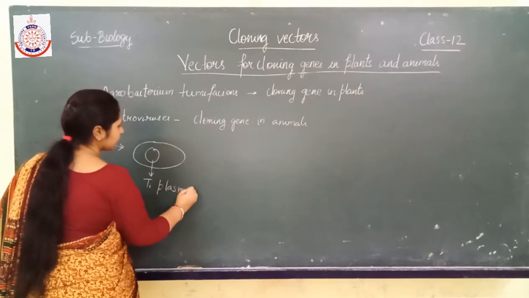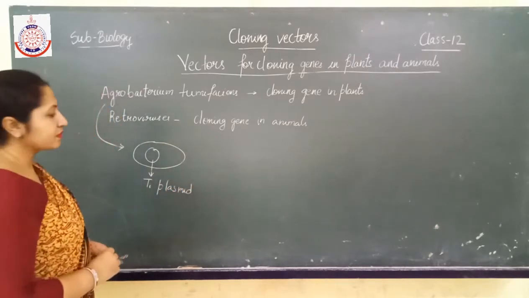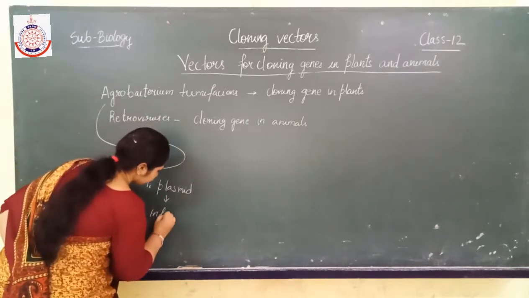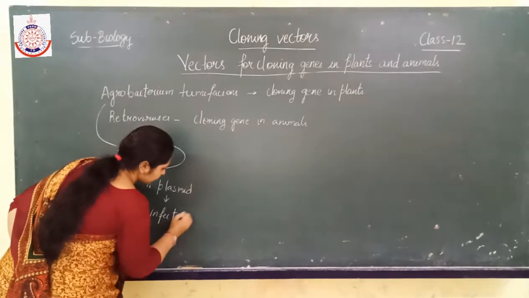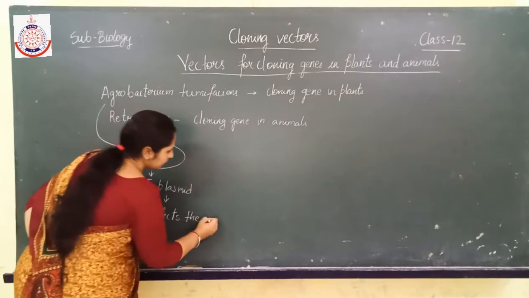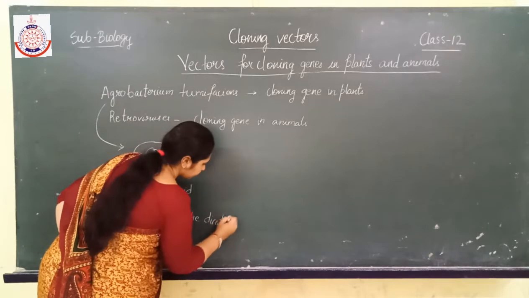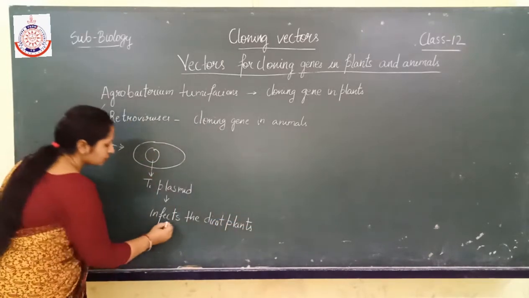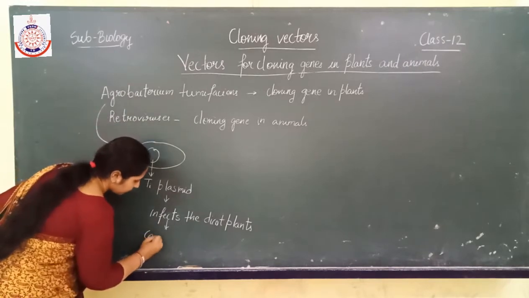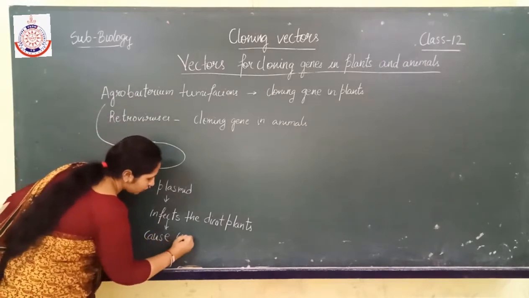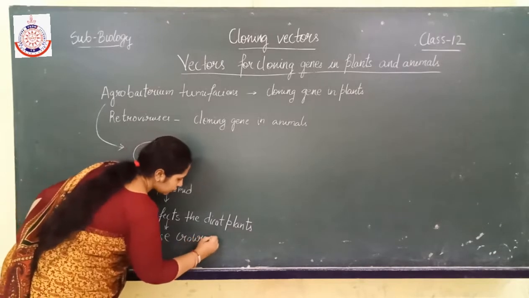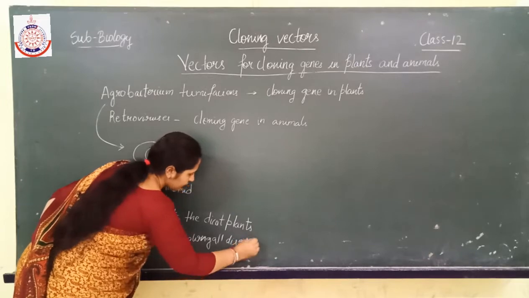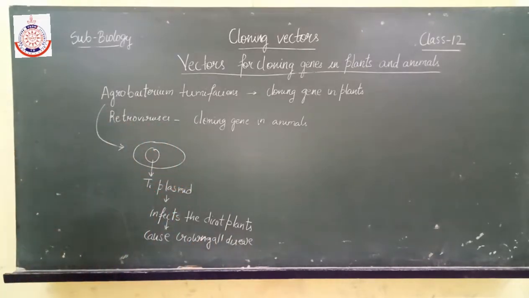This plasmid infects the dicot plants and causes crown gall disease. Which disease? Crown gall disease.